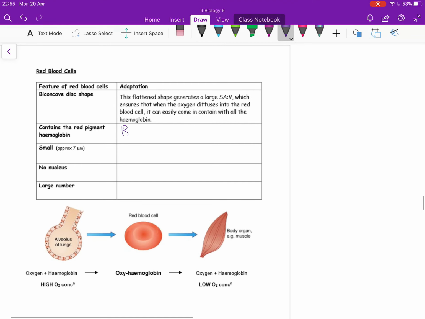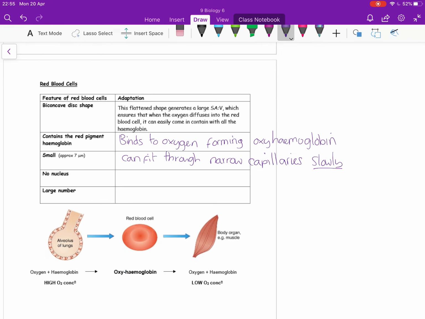Looking at this summary then of red blood cells, the presence of hemoglobin is going to allow for the binding of oxygen. When hemoglobin binds to oxygen, it forms something called oxyhemoglobin. Because of red blood cells' small size, they can fit through very narrow capillaries.